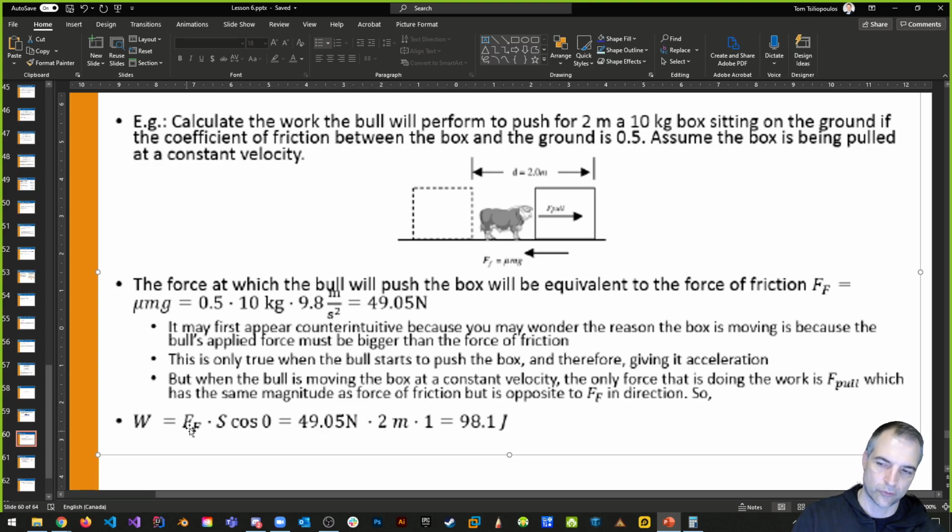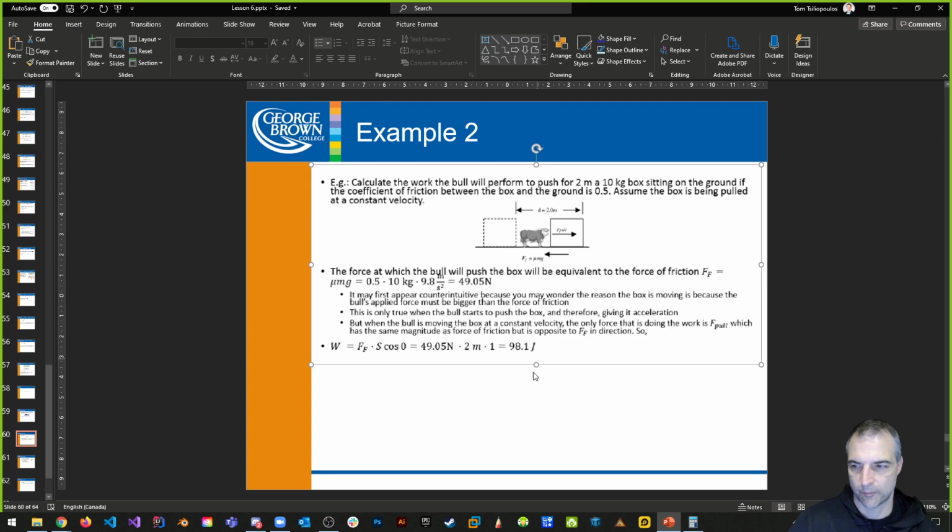That is the force of friction. Multiplied by 2 meters, and by 1, meaning cos of 0, because we're going in a straight line and don't have an angle, it's equal to 98.1 joules. So pretty simple stuff again, if you think about it.